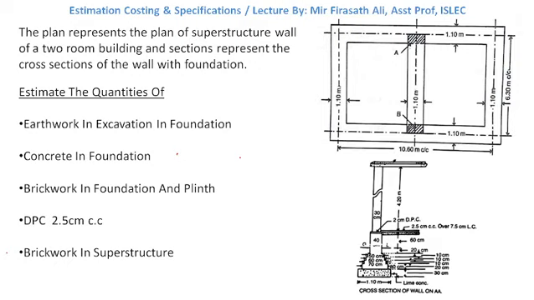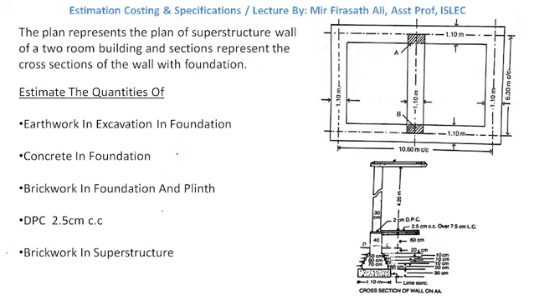So, the question is as follows. The plan represents the plan of a superstructure wall of a 2-room building, and the section represents the cross section of the wall with foundation. We need to estimate the quantities of earthwork in excavation in foundation, concrete in foundation, brickwork in foundation and plinth, and DPC, that is damp proof course.